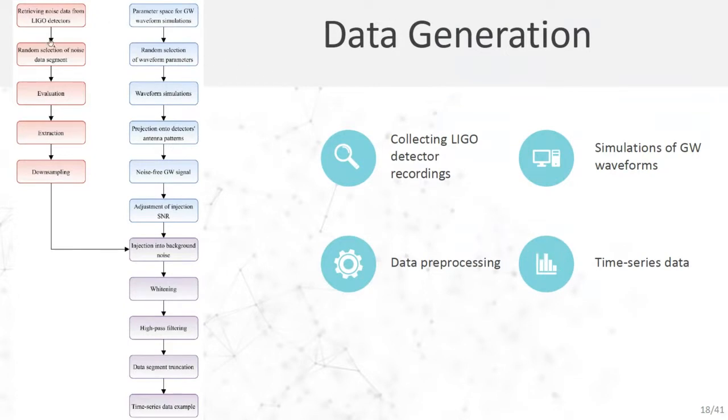During the data generation, we collected noise data from LIGO detectors. For each data segment, we randomly selected the noise data segment, evaluated its quality, extracted it, and downsampled it to 2048 Hz. And in parallel to this, we also conducted gravitational waveform simulations, from which we obtained the noise-free gravitational wave signals.